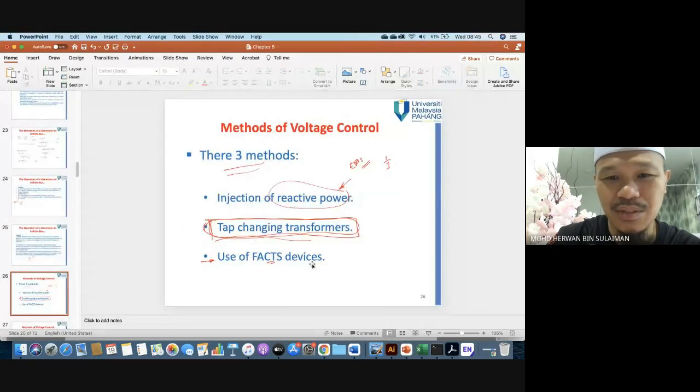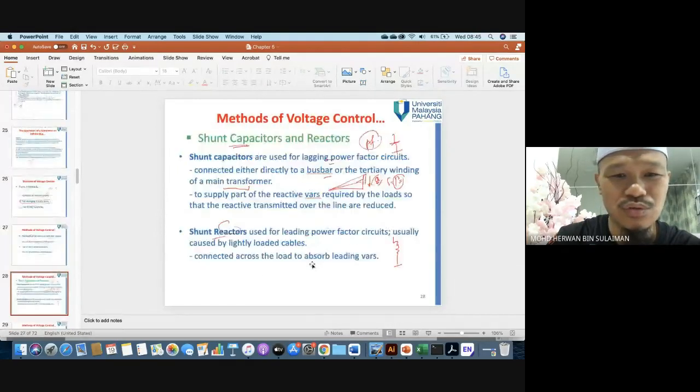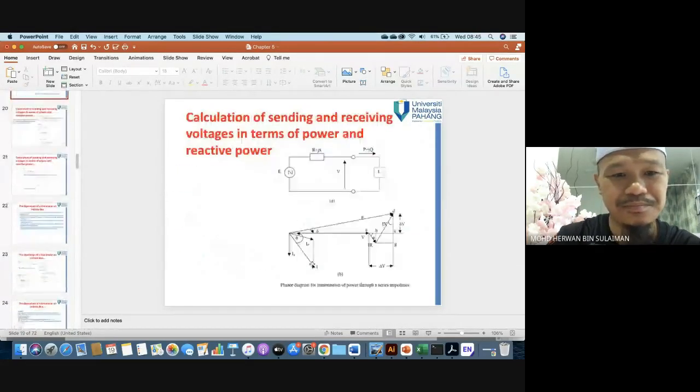Then we go for the control methods. And then we will look at examples of past questions.